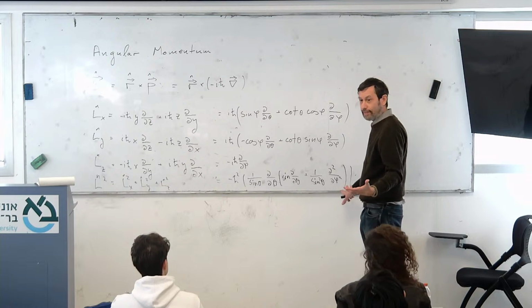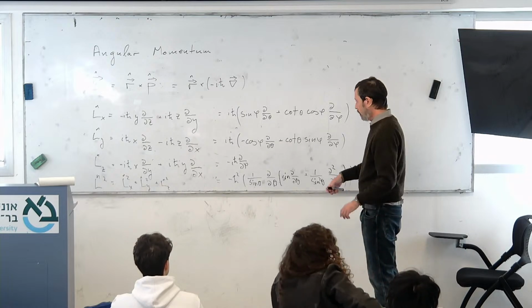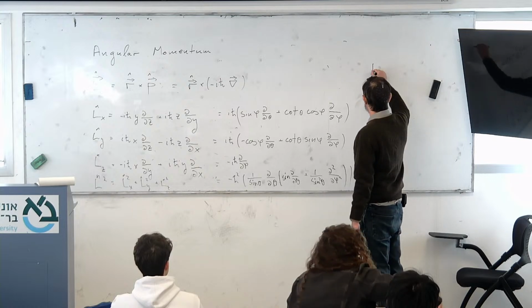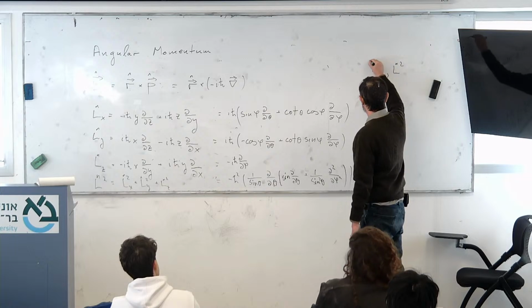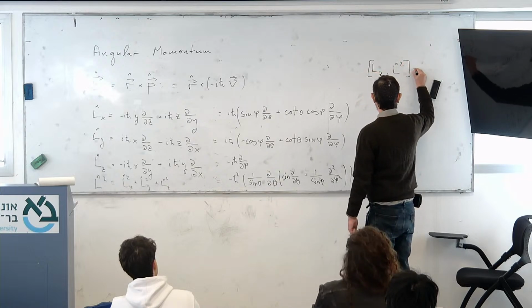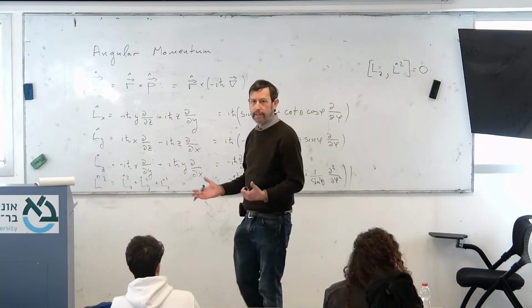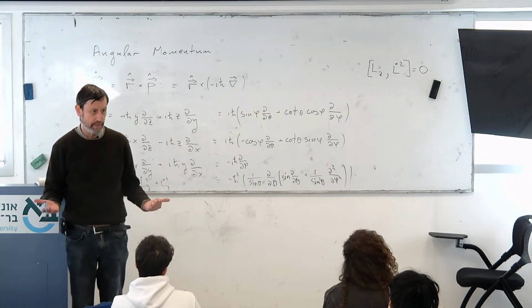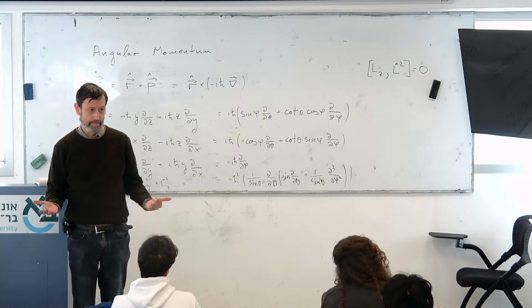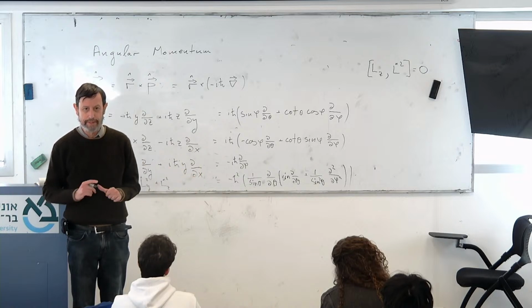Again, the commutation is 0. So if I find a basis of Lz, I find a basis of L squared and vice versa, because they commute. You can choose the same basis.